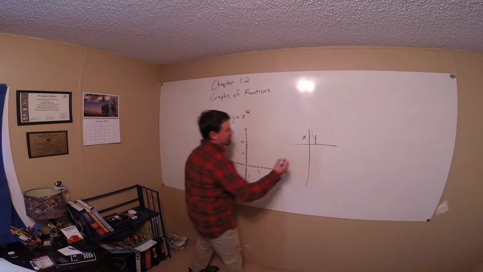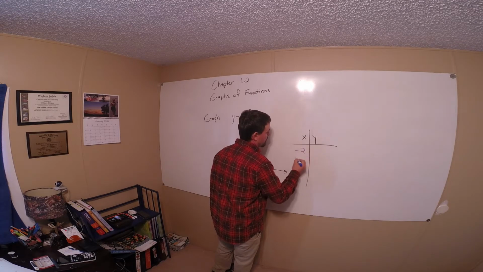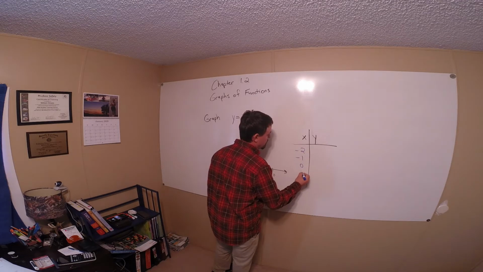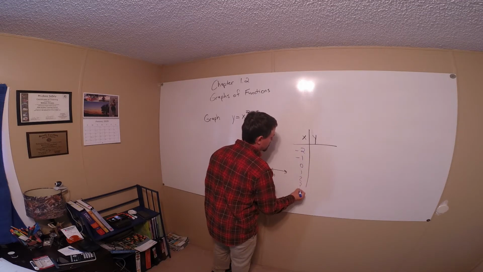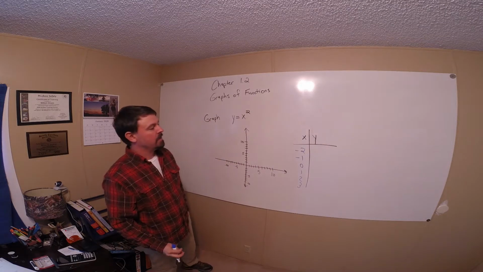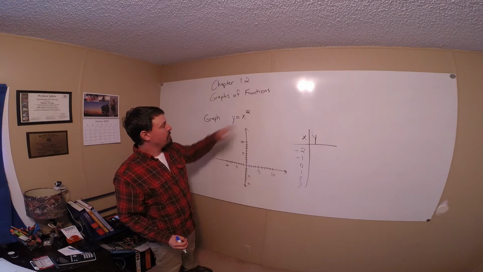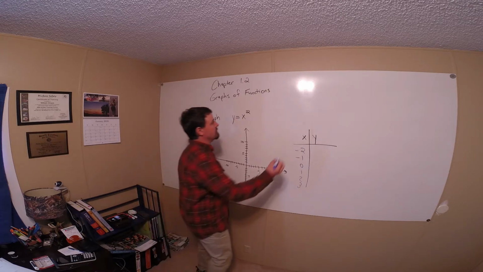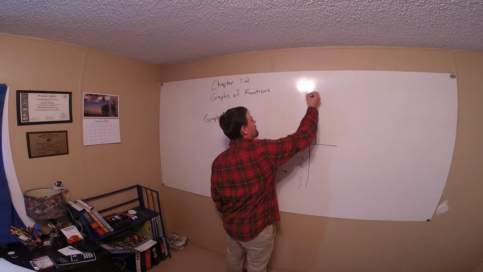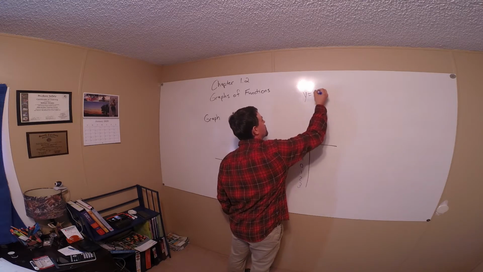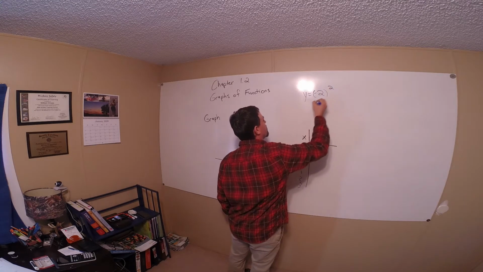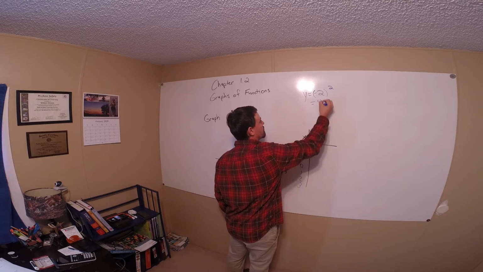So the x values I'm going to choose are -2, -1, 0, 1, 2, and I'm going to choose 3 because I believe you have 6 slots available as I do. If I plug -2 in for x, y equals -2 squared, which is 4.